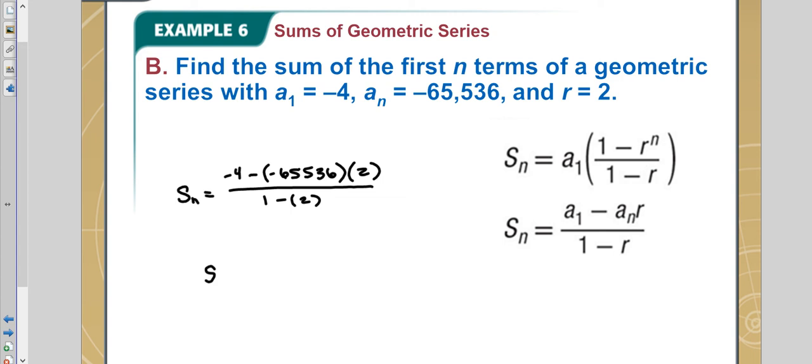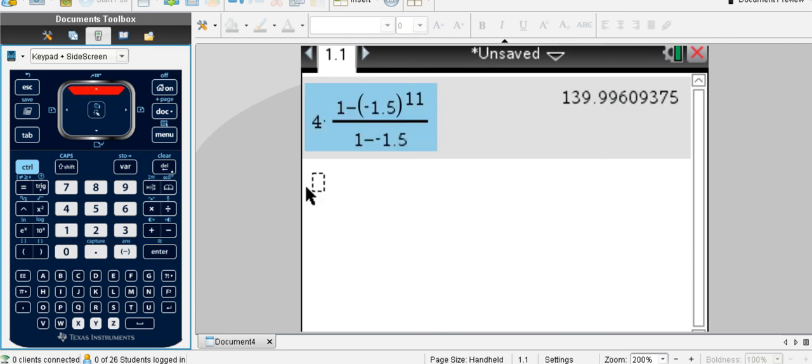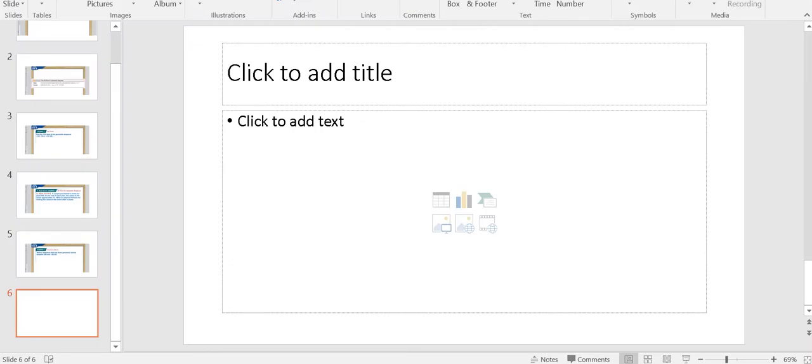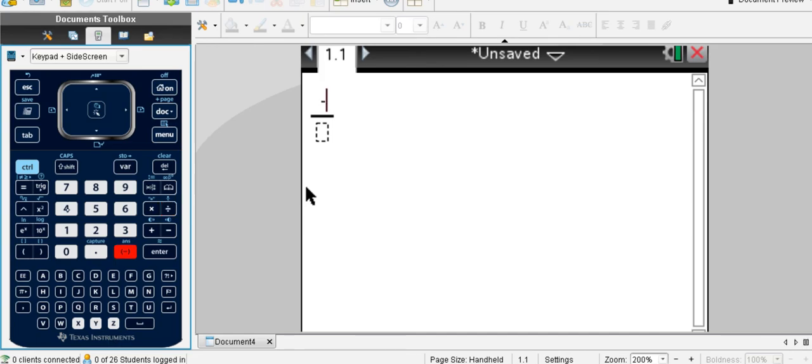So we can find the sum just by going to the calculator and typing it in. So we have a fraction with negative 4 minus, parentheses, a negative 65,536 times 2, and all this is over 1 minus the rate of 2.